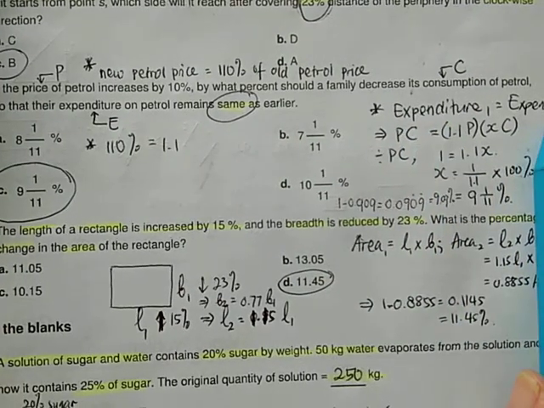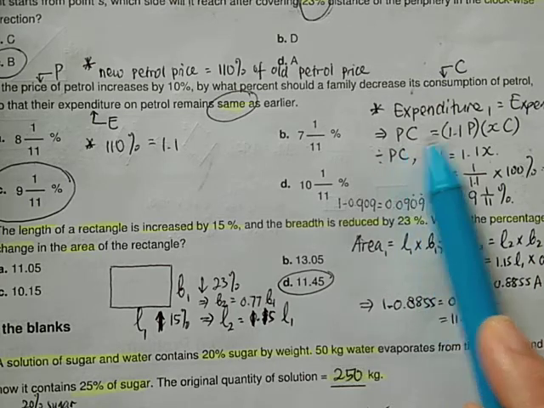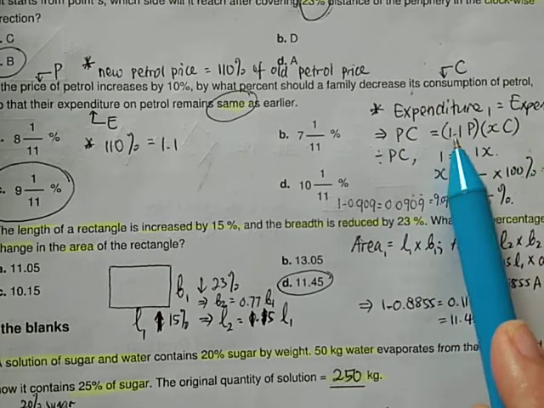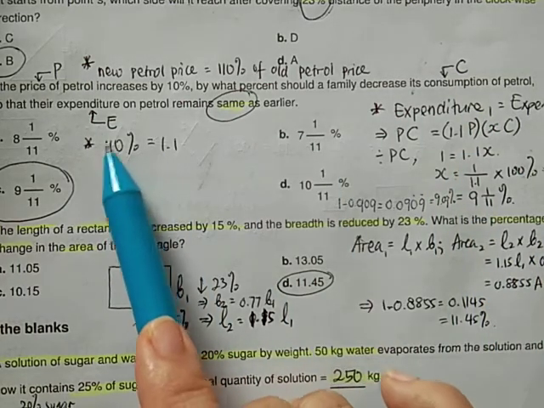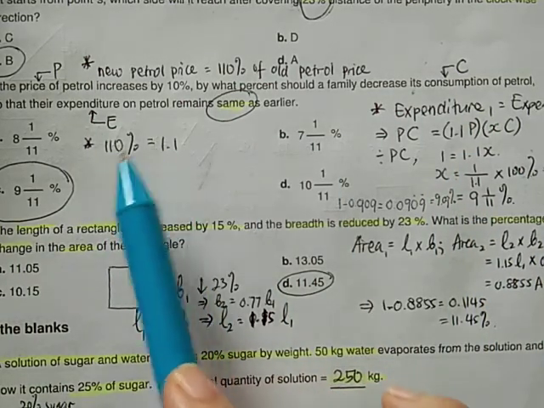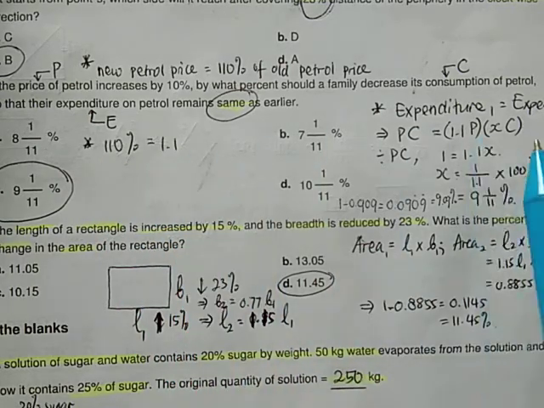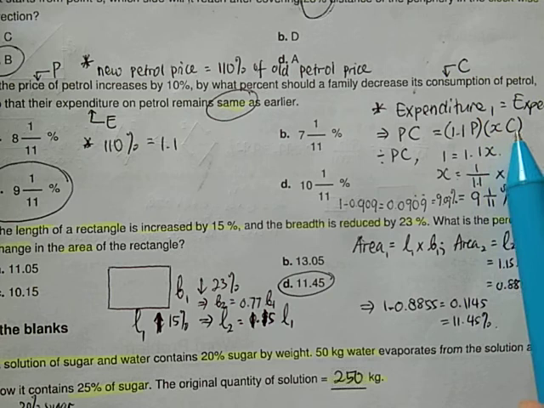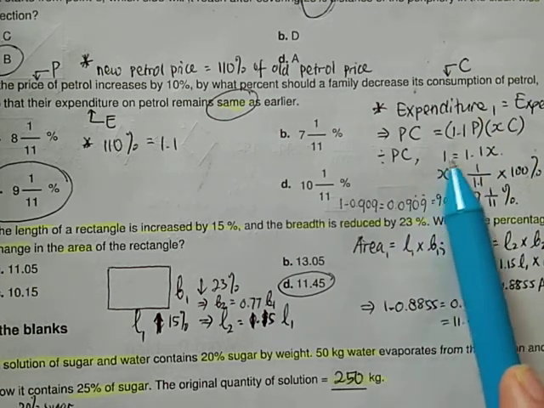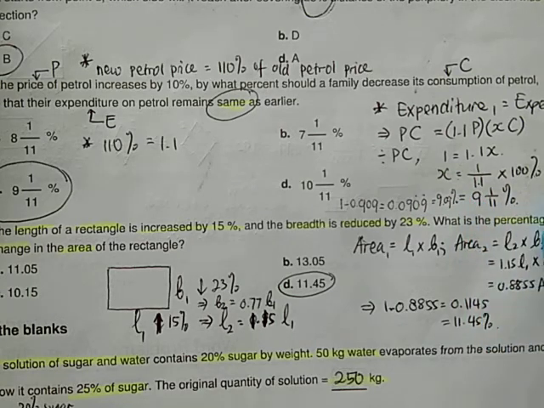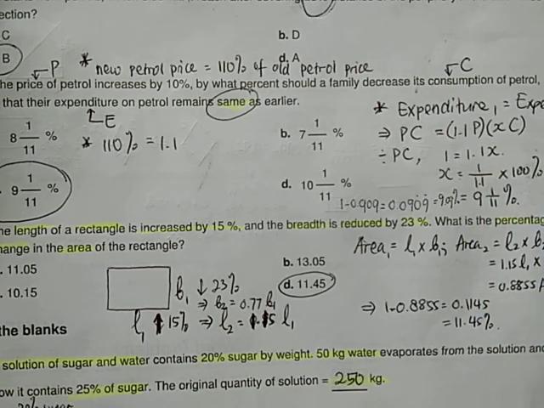So E1 must be equal to E2. E1 is the same as P times C, and E2 is 1.1P, right? As I show it here, 110% is the same as 110 over 100, which is 1.1 in decimal, times xC, and we're going to find what x is. x is actually 1 over 1.1, and you get 0.9090909 and so on.